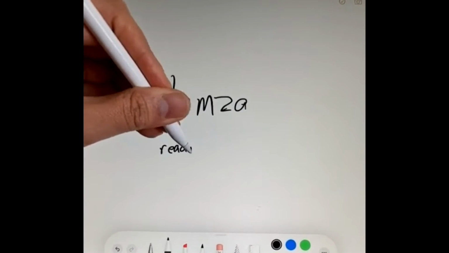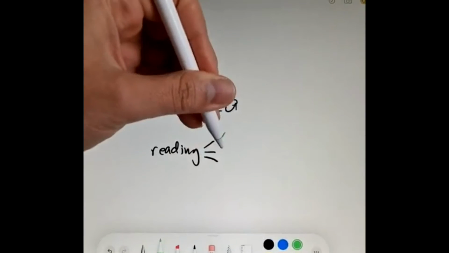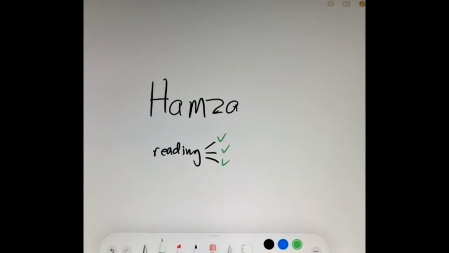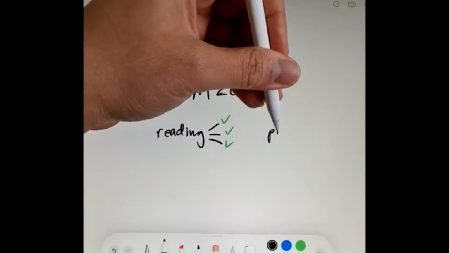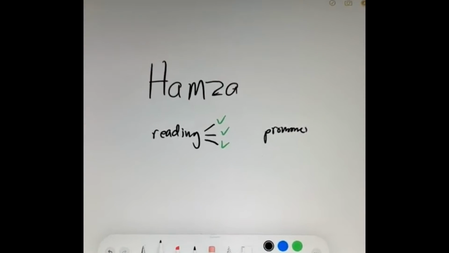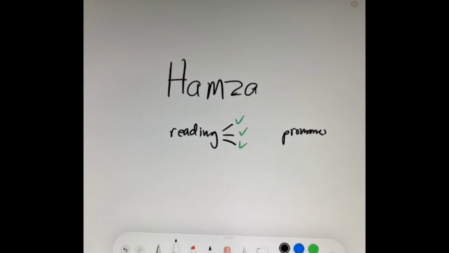Anyways, so everyone is reading it. People are reading it in 3 different ways. They're all reading it correctly. But the question is, which one of them is pronouncing it correctly? Is this Hamza or Hamza or Hamza?